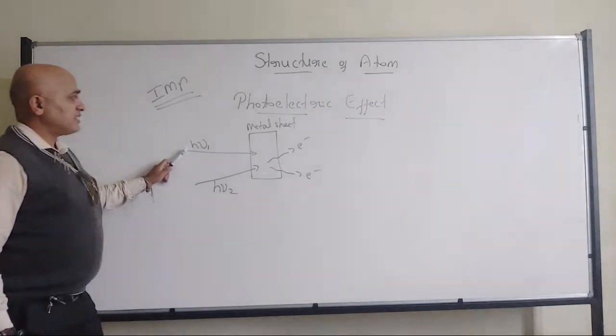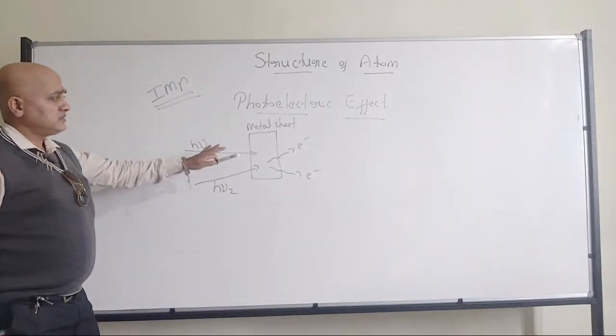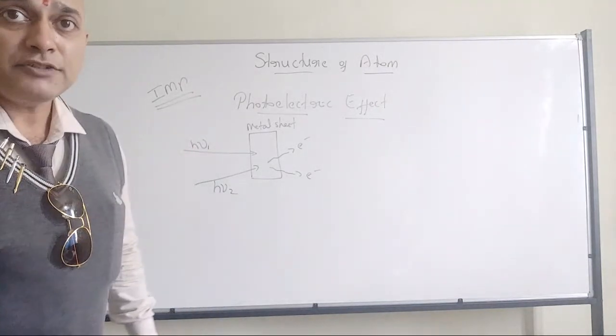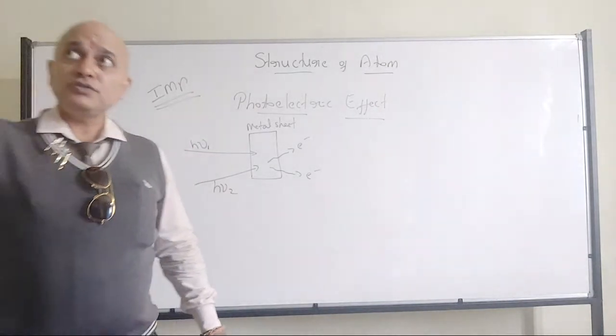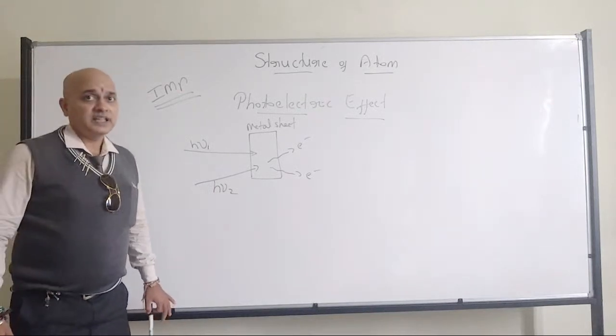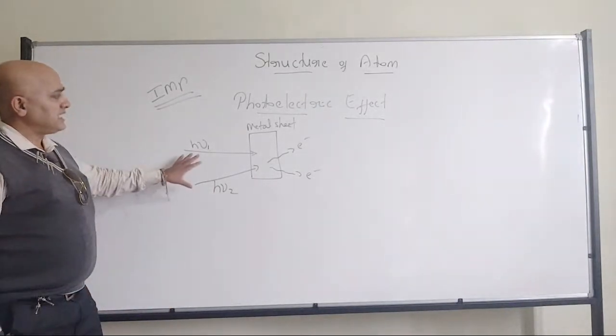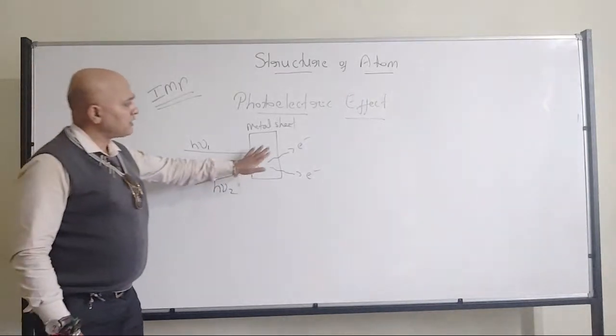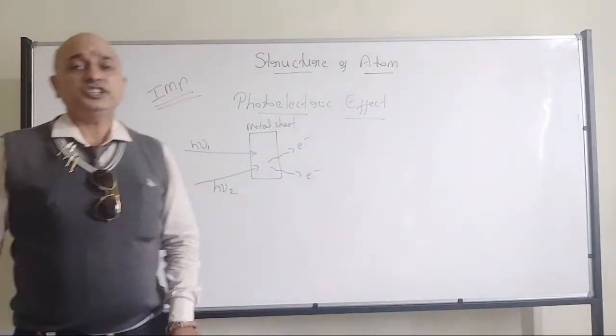So in the earlier case, what is happening? We have h nu. The same principle will be utilized in solar panels, to conduct electricity where solar energy is utilized. The same thing is applicable here, but there semiconductors will be used. Here I am talking about just a metal sheet.